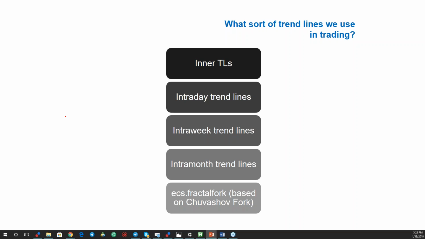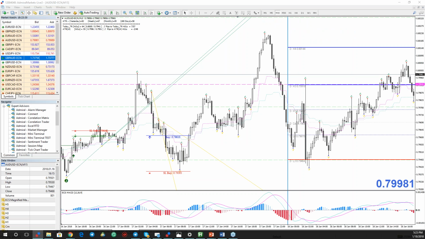Okay, Australian dollar. Just give me a few seconds, guys. I have multiple screens here, so I need to show the other chart. It's actually Australian dollar. I have two good examples. So here.